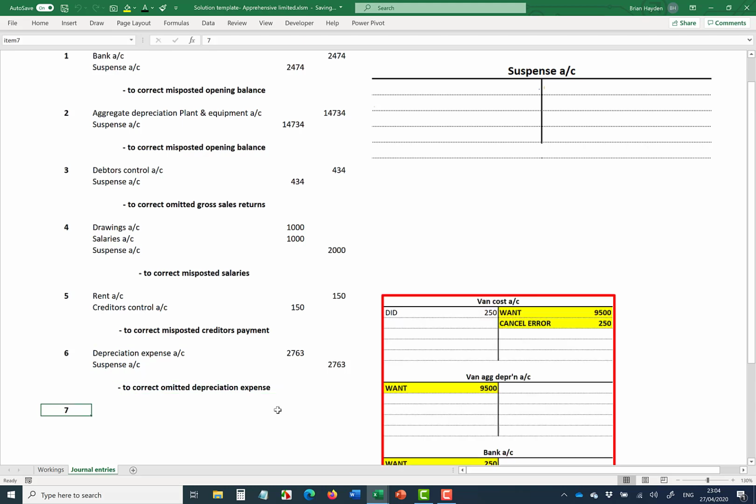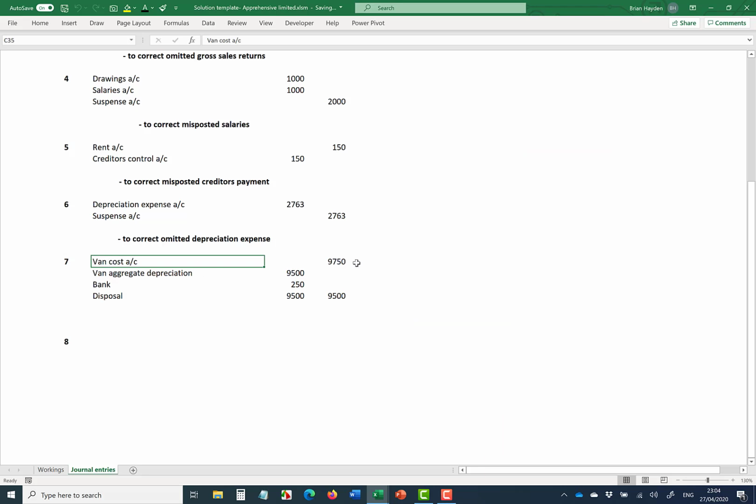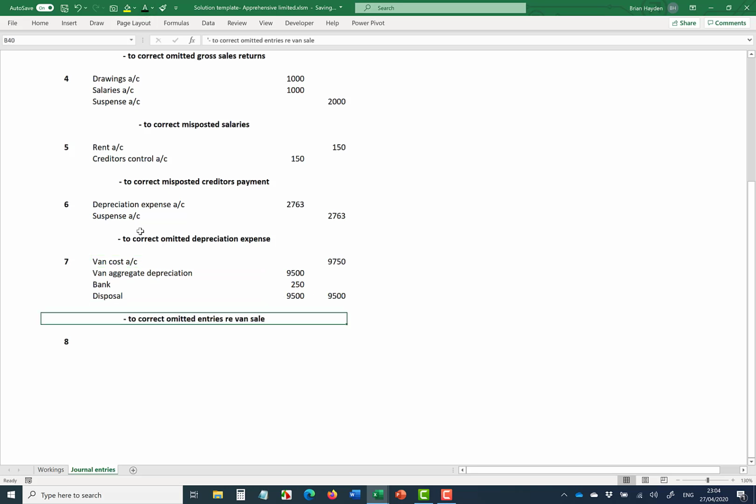Item 7, this was the big one. This was the asset disposal. So we have to credit van cost account, debit van aggregate depreciation account, debit bank account, and there's a debit and credit in disposal. Okay, so there's the 9,750 in total and the debit and credit for 9,500. Okay, so again, that is that.